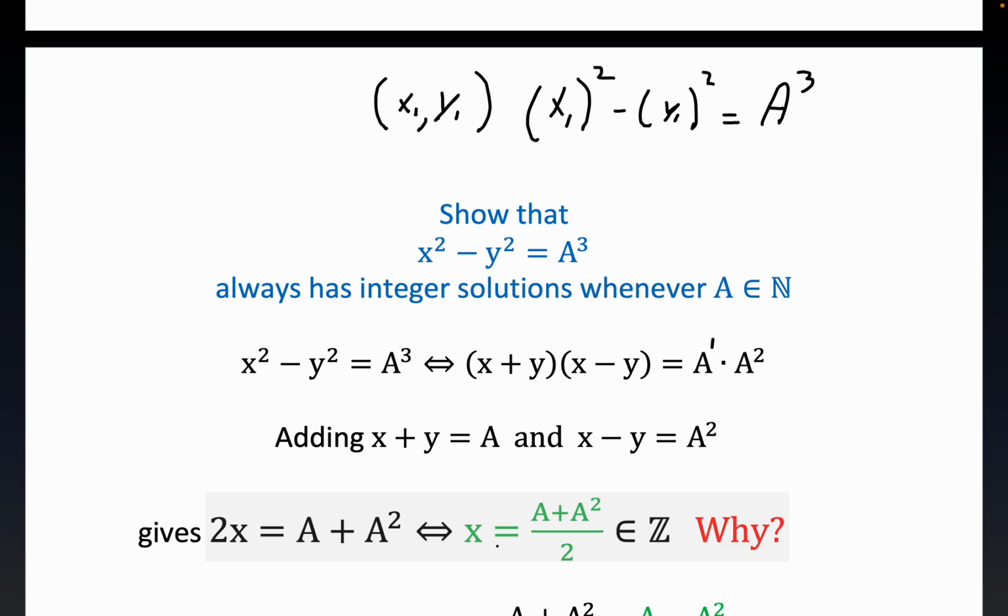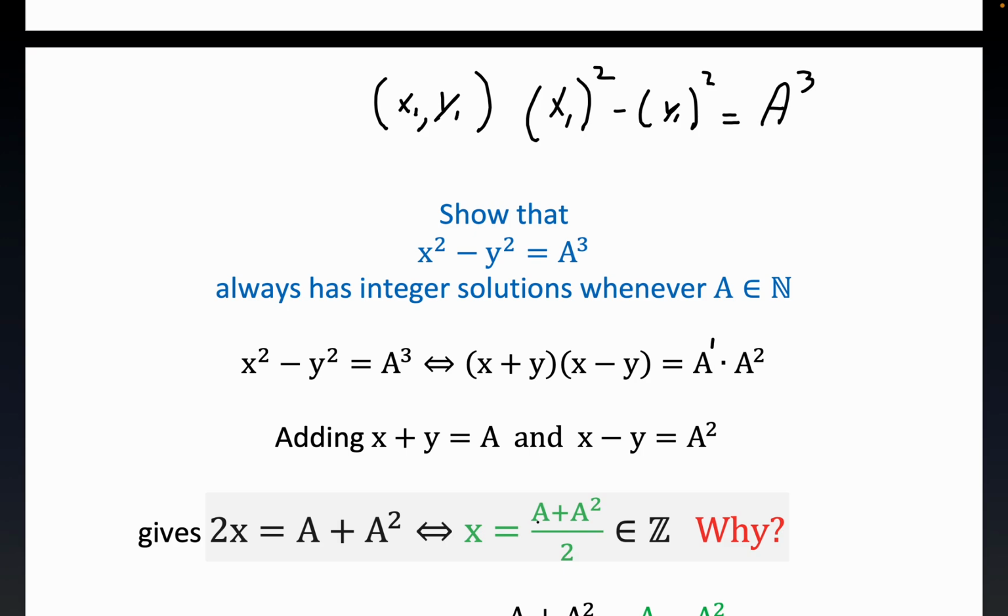So we've already figured out an x value as a function of the constant a. Now, we do have to note that a plus a squared is an integer, which is really what the problem's asking. We're looking for integer solutions here. Of course, if a is even, you're going to have an even number plus an even number, which is even, and so that's going to resolve to an integer.